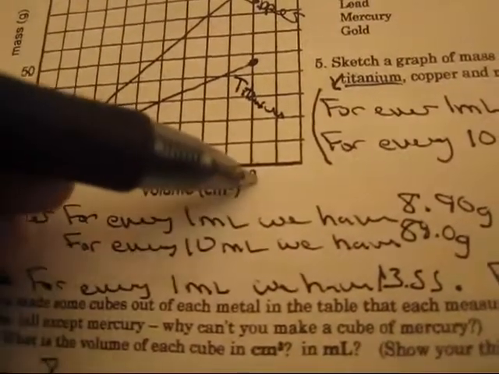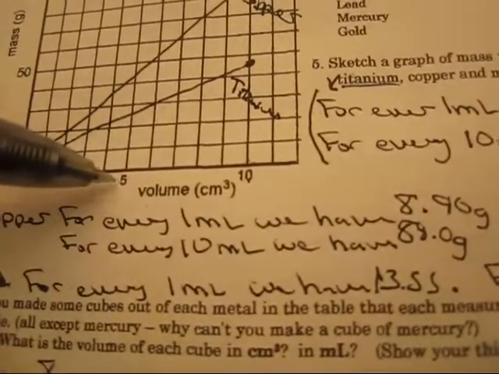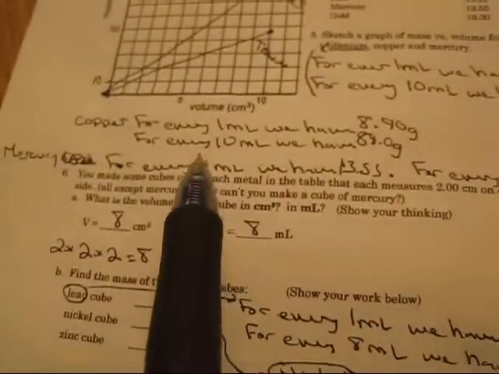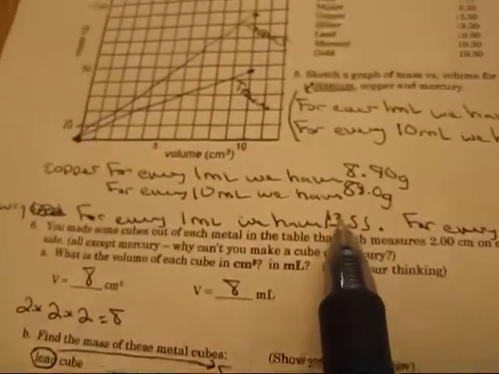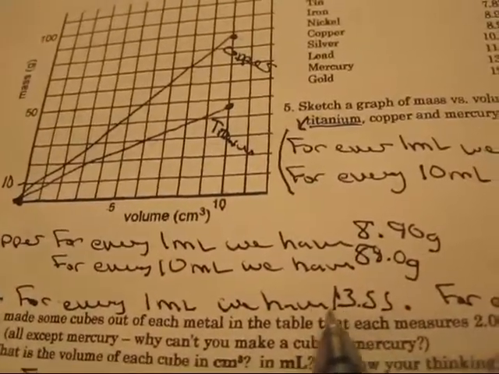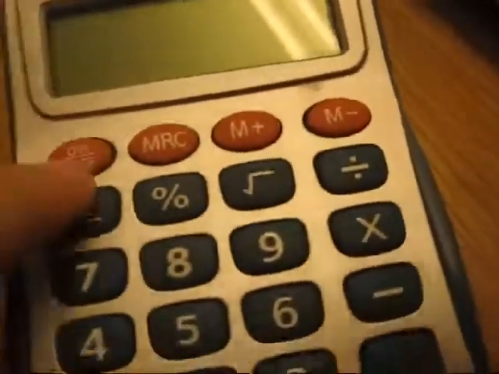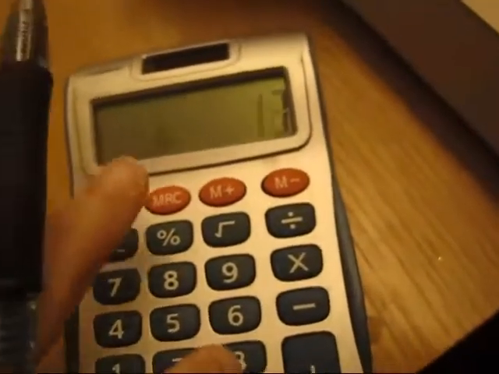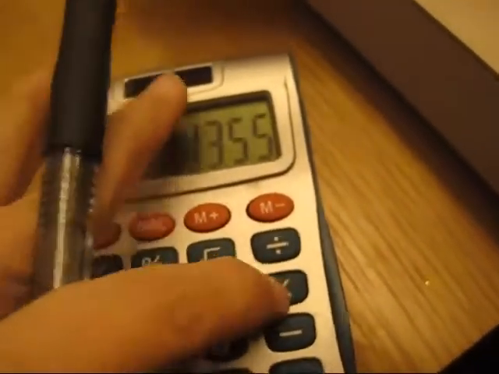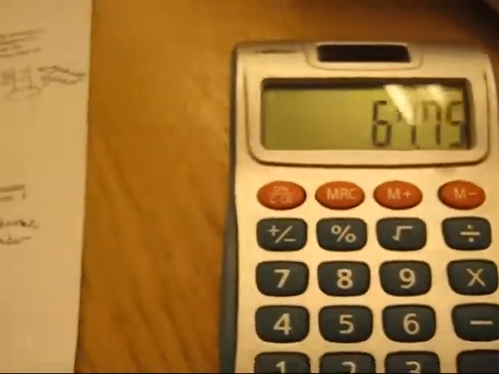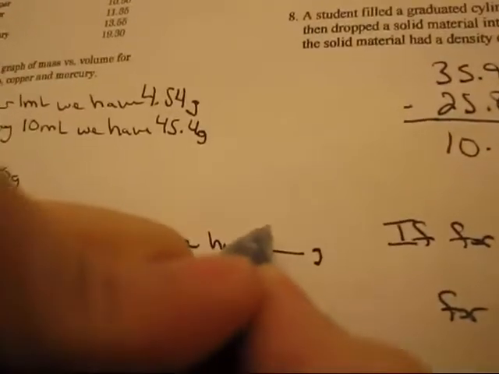So instead of for every 10, we could do for every 5. So for every 5 milliliters, we have, well, if this was 1 milliliter, what do we do to this number to get for every 5? We would multiply this by 5. So here's my calculator, 13.55 times 5 equals 67.75.